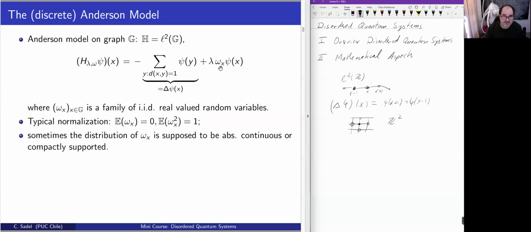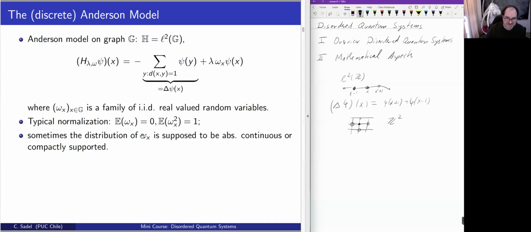Now these random potentials are supposed to be independent, identically distributed random variables, right? This omega x for x in G. And the typical normalization is that the expectation is 0 and the variance is 1. So in particular, we very often want to assume that it actually has a variance.